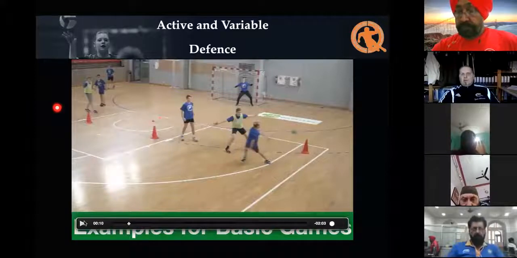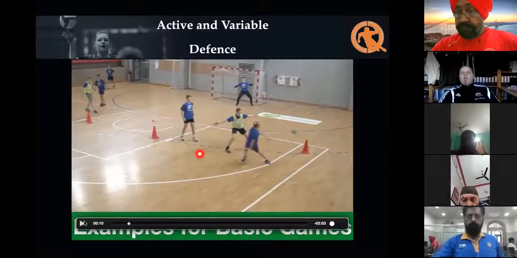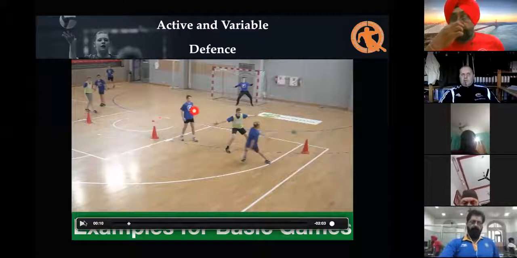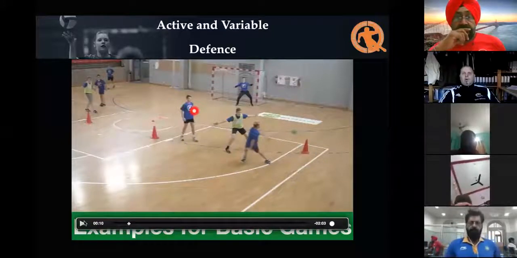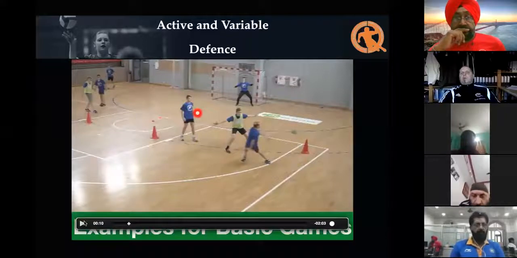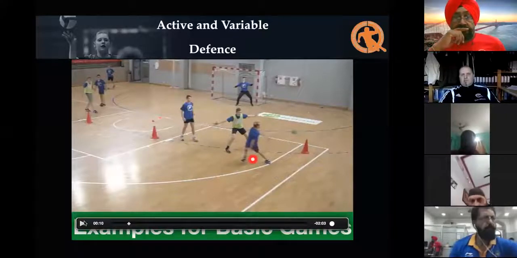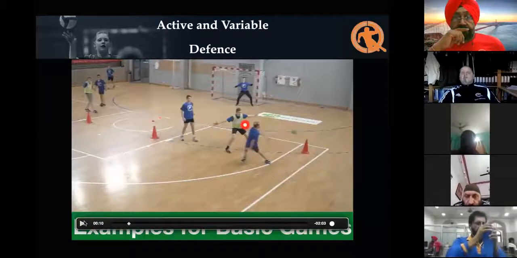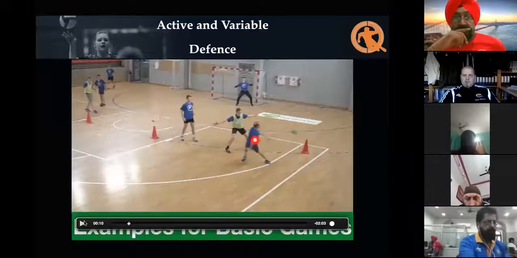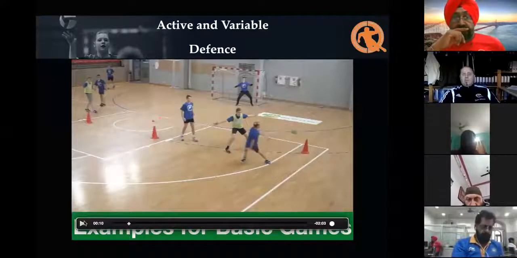But in each area, which is defined with the two cones here, we have a pivot. But this pivot cannot score if the ball is coming from the backcourt or from the wing player from that side. He can give support to the backcourt player by setting an inside or an outside screen. This is in general possible, but he cannot score.